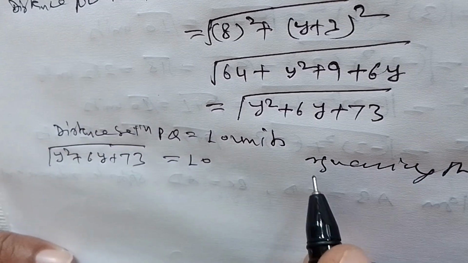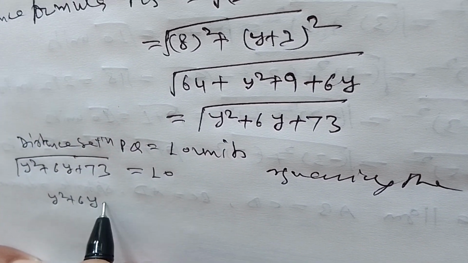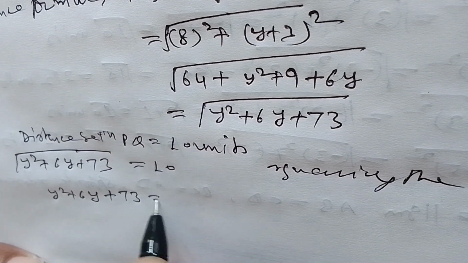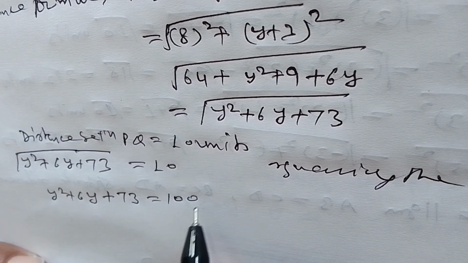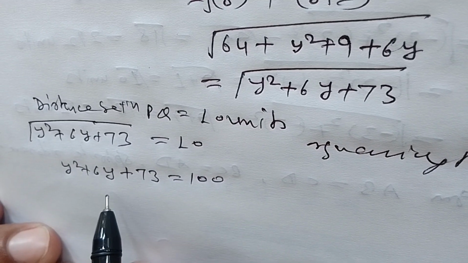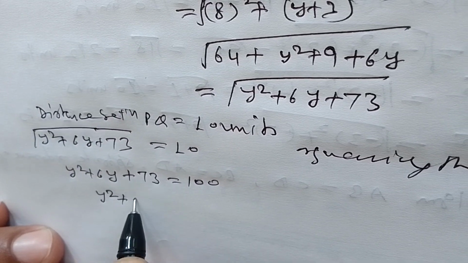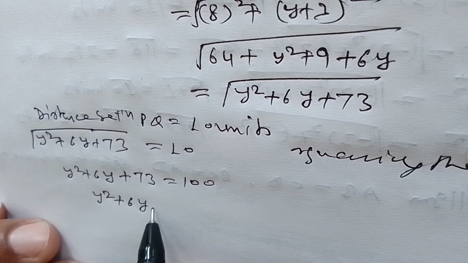Now squaring both sides, we get y² + 6y + 73 = 10 × 10 = 100. So this equation, on further simplification, gives us y² + 6y − 27 = 0.